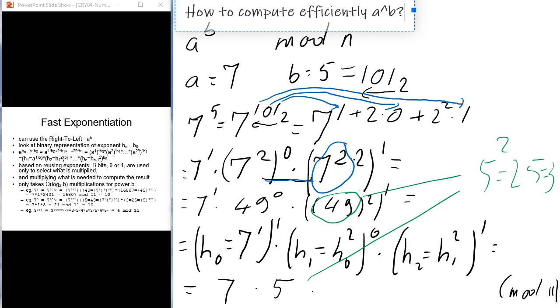So times 3, and again at power 1. 5 was at power 0. So this is just 7 times 3, which is 21, which is congruent to 10 mod 11.